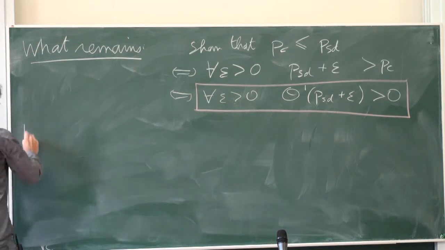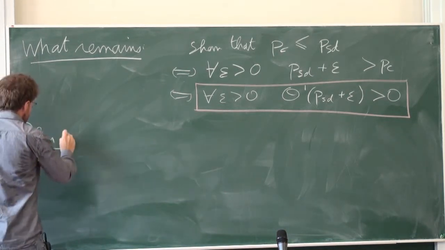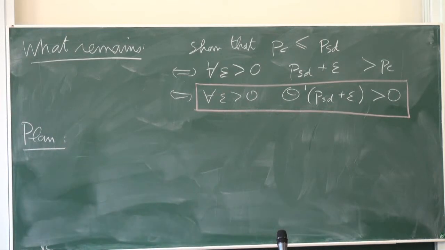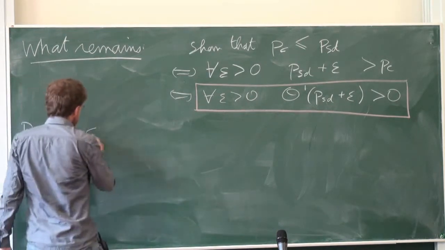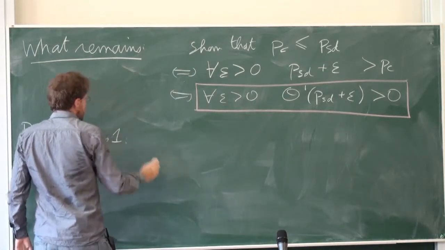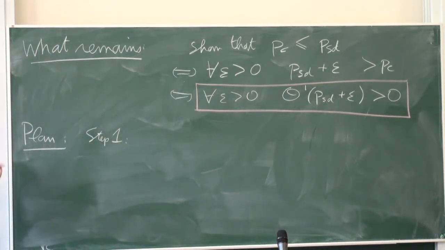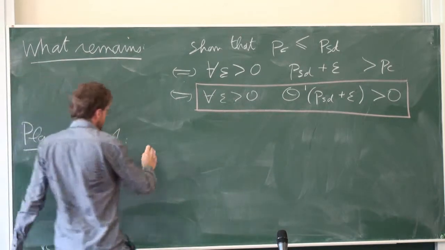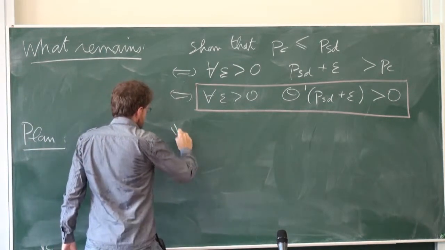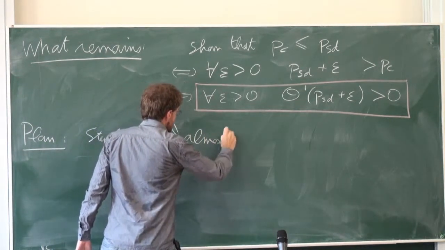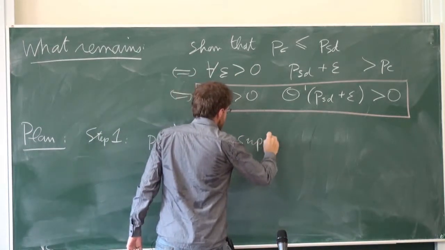So the plan is this. Essentially, there are two steps in the proof. So step 1 is to show that P self-dual is almost supercritical.